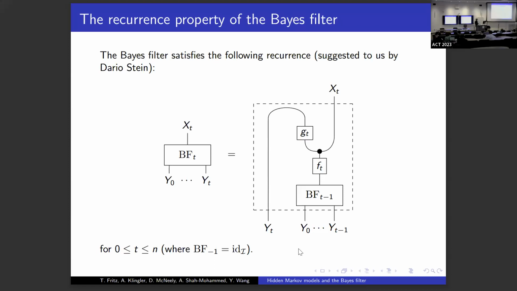But the idea here is that you have your best estimate at time t-1. Well, then you just apply the transition to that, and you get a sort of prior. You look at what the observation might be with that, and then you condition on that with the observation that you actually have. I guess that's intuitive enough, and you can show that this does actually produce a valid next Bayes filter.